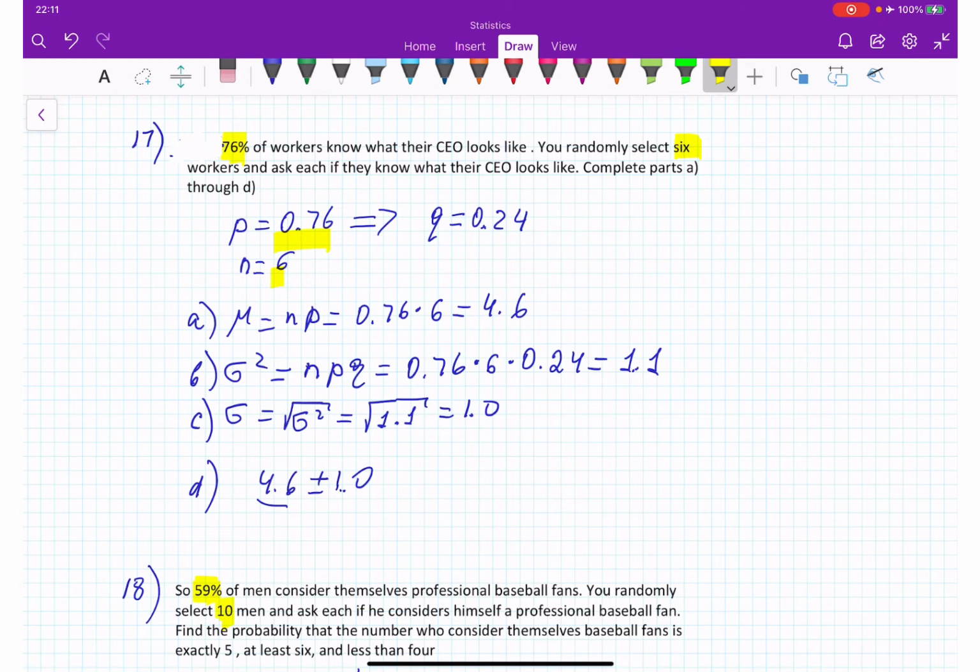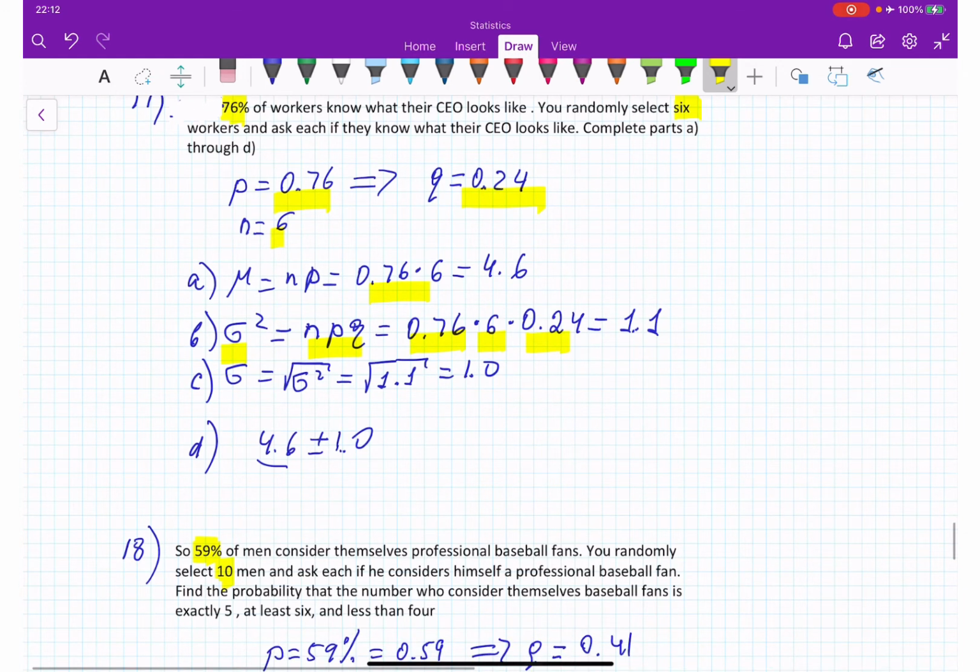Okay, A, we need to find mu, the average, which is equal to n times p, 0.76 times 6, which will be 4.6. Sigma squared, which is our variance, is equal to npq, where n is 6, p is 0.76 times q, which is 0.24, which is equal to 1.1.